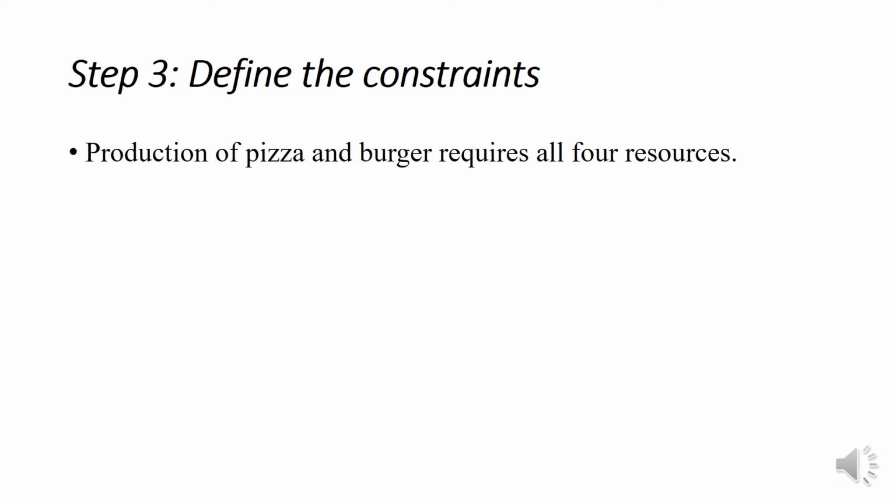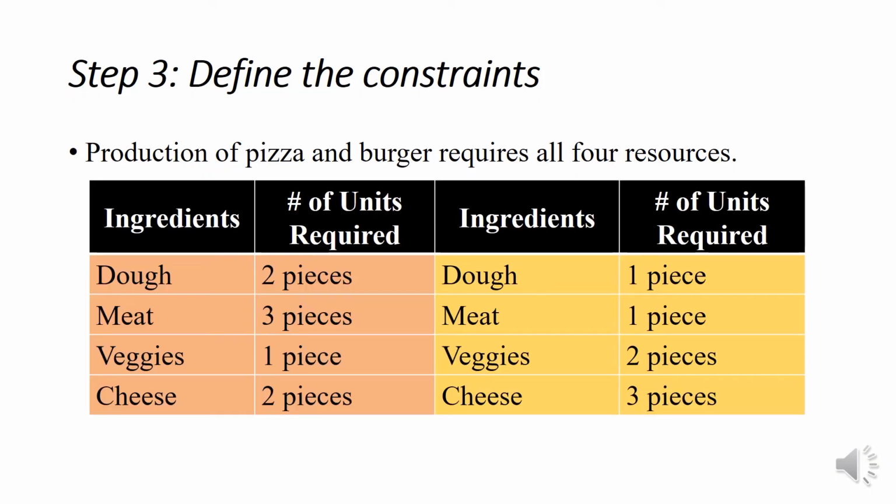So both pizza and burger would need these four resources. Here, the pink colored cells are the pizza, and the yellow colored cells are the burger. The pizza would need two pieces of dough, three pieces of meat, and so on, and also the burger.